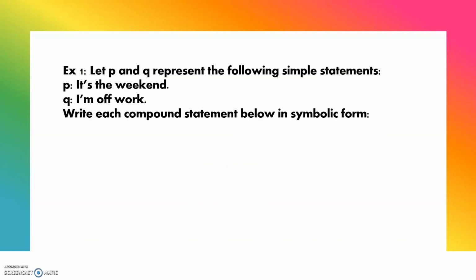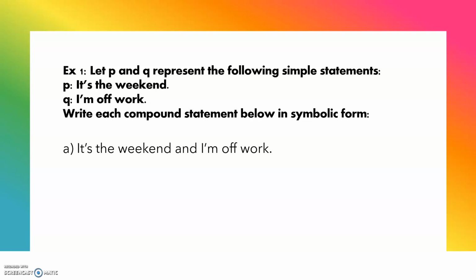All right, so let's look at an example. Let P and Q represent the following simple statements. The statement P is, it's the weekend. The statement Q is, I'm off work. Now we want to write each compound statement below in symbolic form. The first one is, it's the weekend and I'm off work.